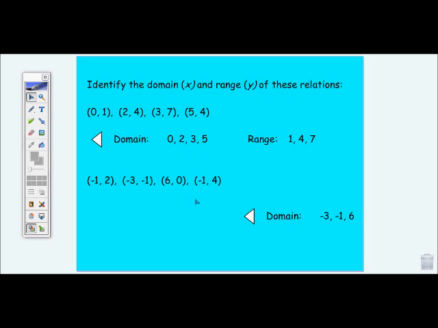We only write it once. And then we have the 6. The range, the y numbers, which are the second coordinate points, again in numerical order. -1 is the smallest one, furthest left on the number line. Then would come 0, then 2, then 4.